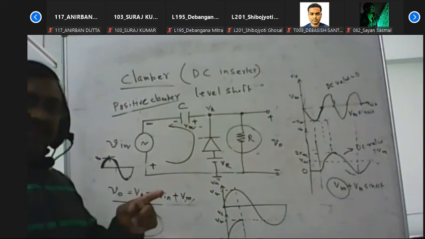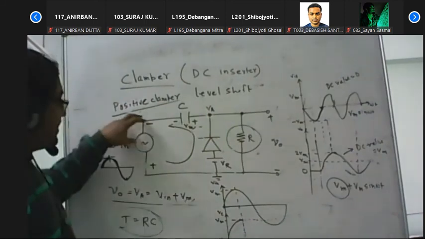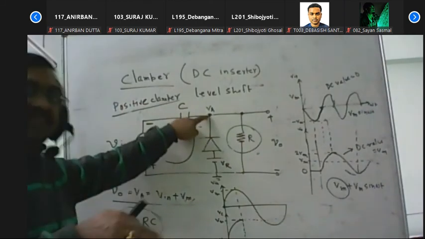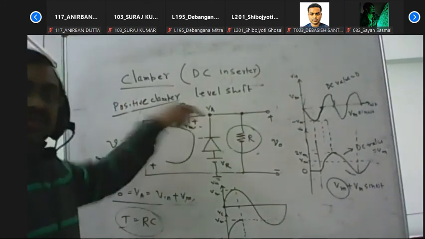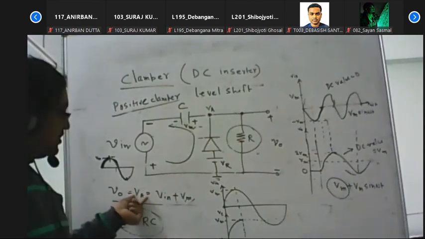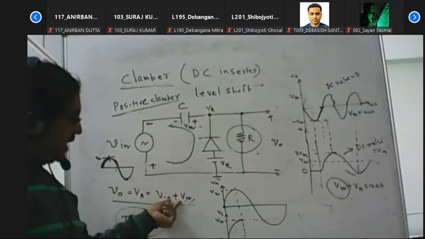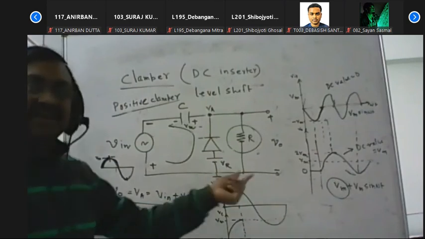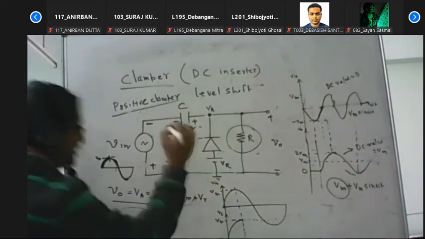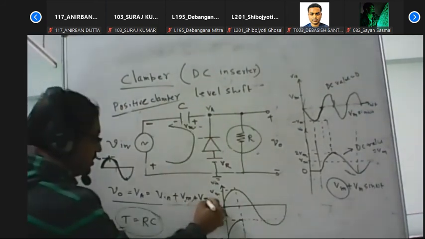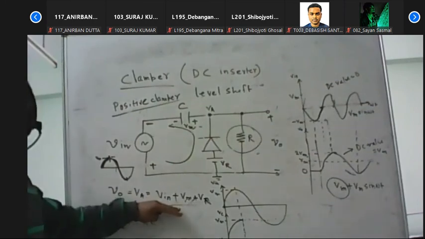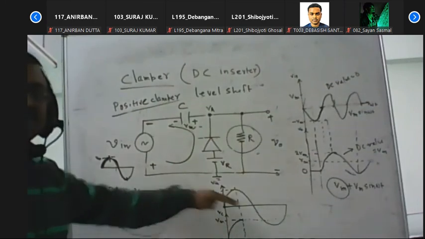Then the diode will be on. So what is the ultimate voltage at that terminal? That terminal equals V plus Vm plus the reference voltage. The reference voltage is also added with this signal. So the total output voltage is equal to V plus Vm plus Vr.